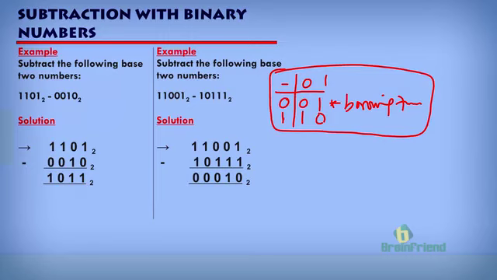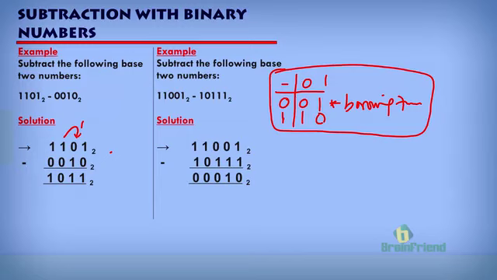So let's go ahead to do our subtraction. 1101 base 2 minus 0010 base 2. 1 minus 0 is 1. 0 minus 1. Okay? We'll need to borrow from the most significant bit over here. We borrow 1. Okay? And that's why we have 0 minus 1 to give us 1.